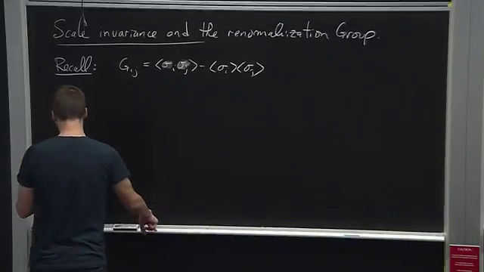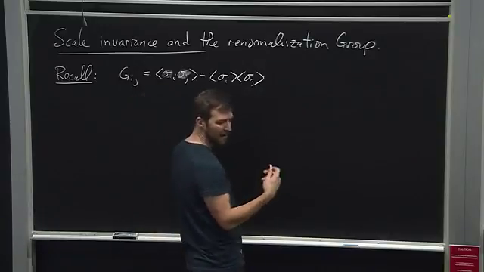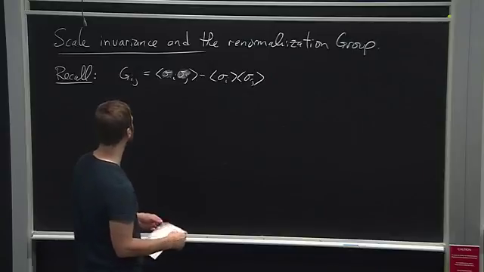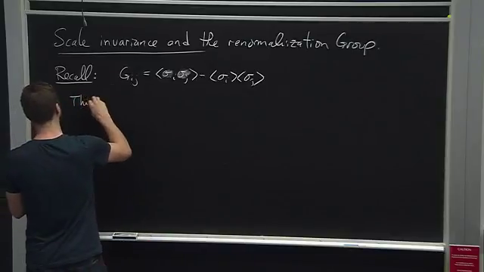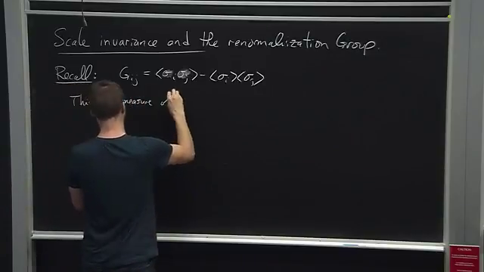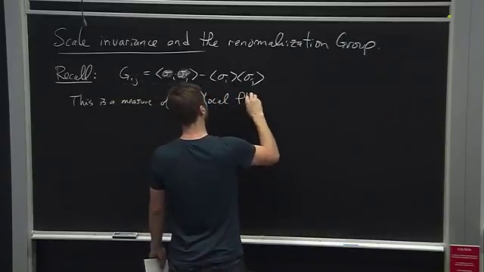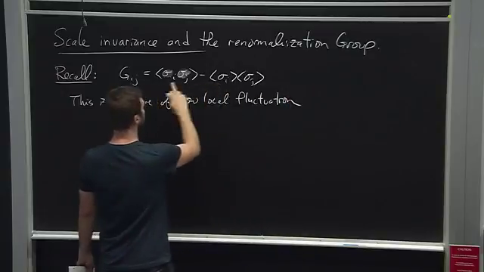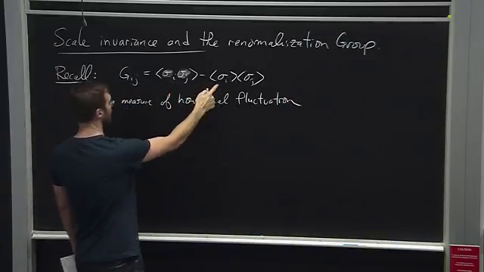So it's also a measure of how fluctuations destroy the correlations, because really what it is is the fluctuation from the mean value.